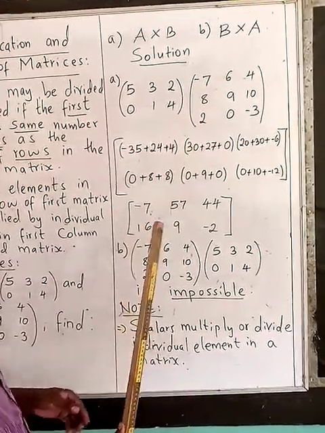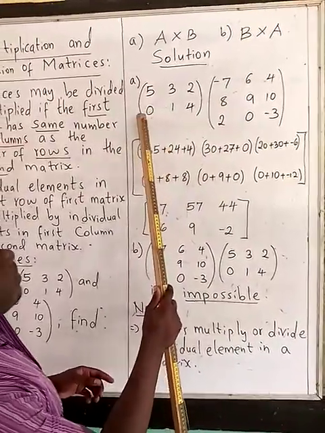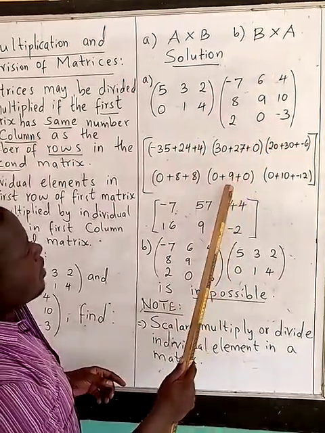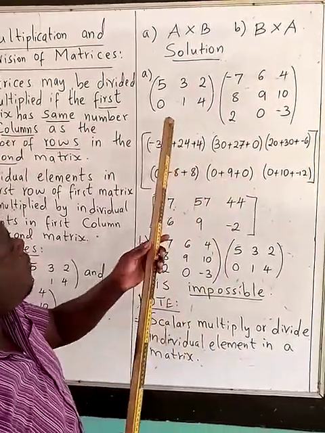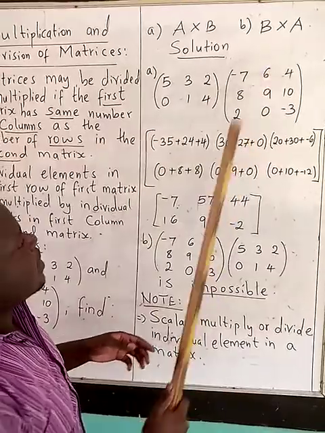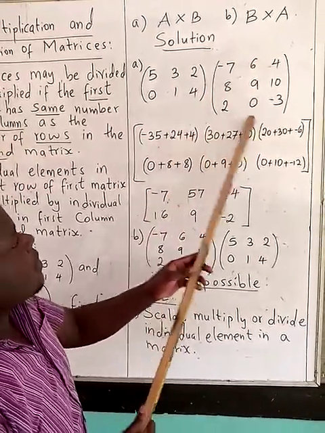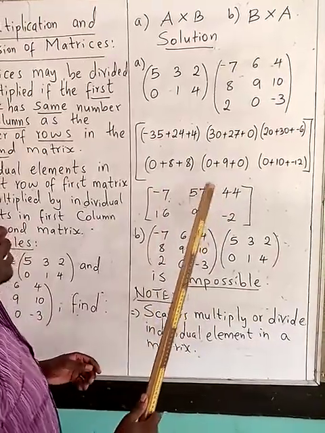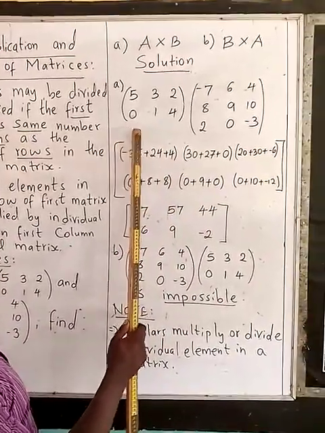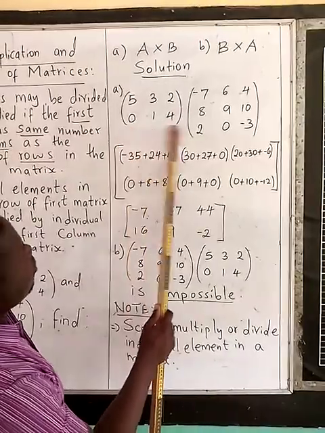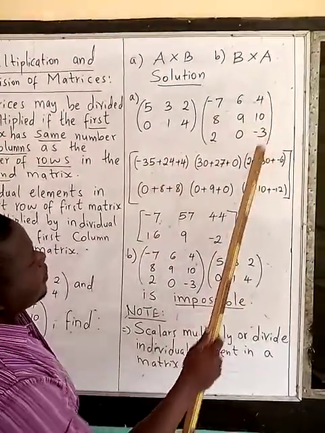We go to the element in the second row, second column, which should be here. So we are going to have 0 times 6 is 0, 1 times 9 is 9, 4 times 0 is 0. As we add, then finally we go to the element in the second row, third column.